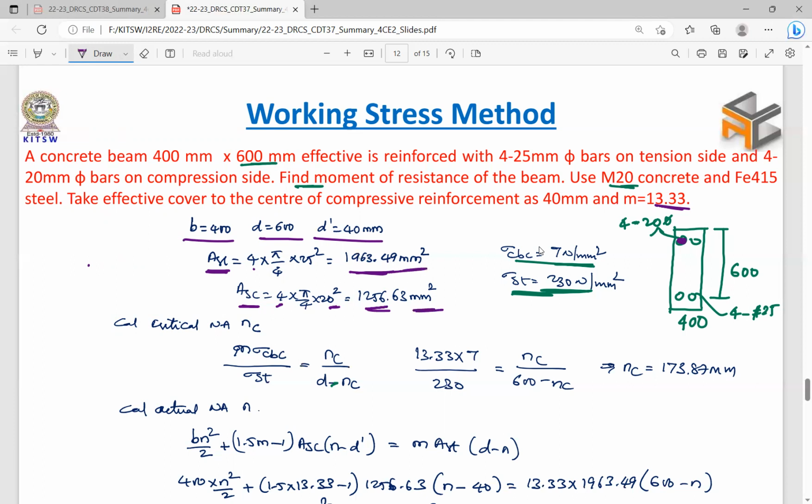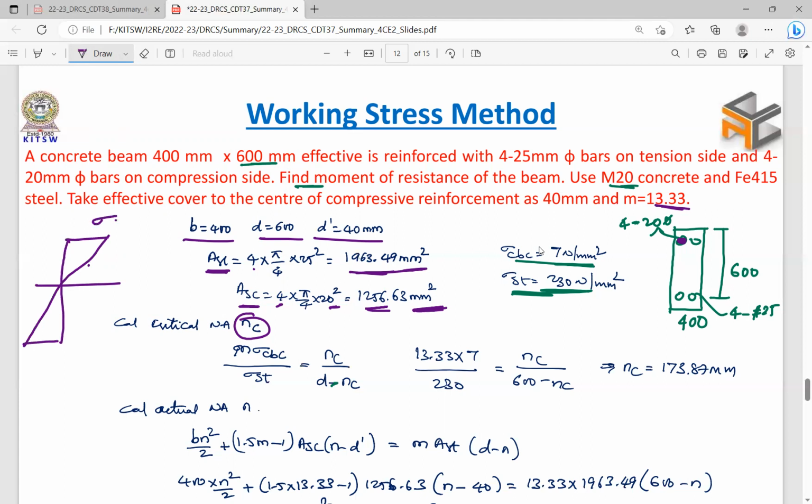This is the area of steel in the tension zone, and this is the area of steel in the compression zone. Now we need to calculate, first of all, the critical neutral axis depth. This can be calculated from the equivalent stress diagram. This is the stress variation.